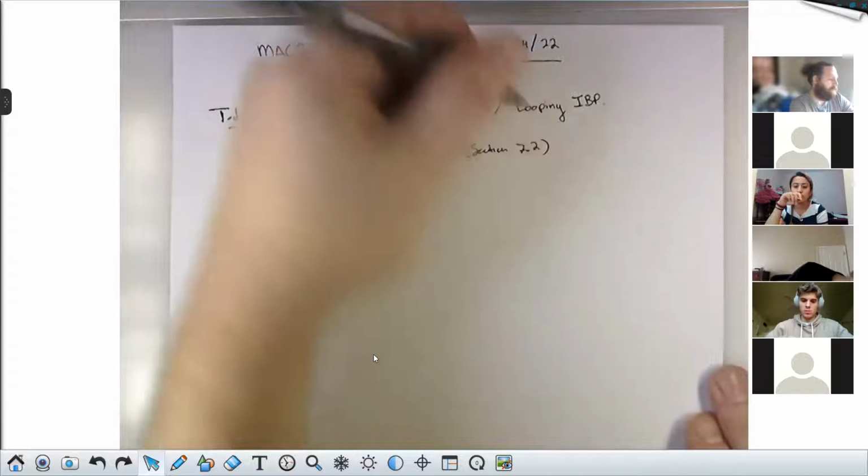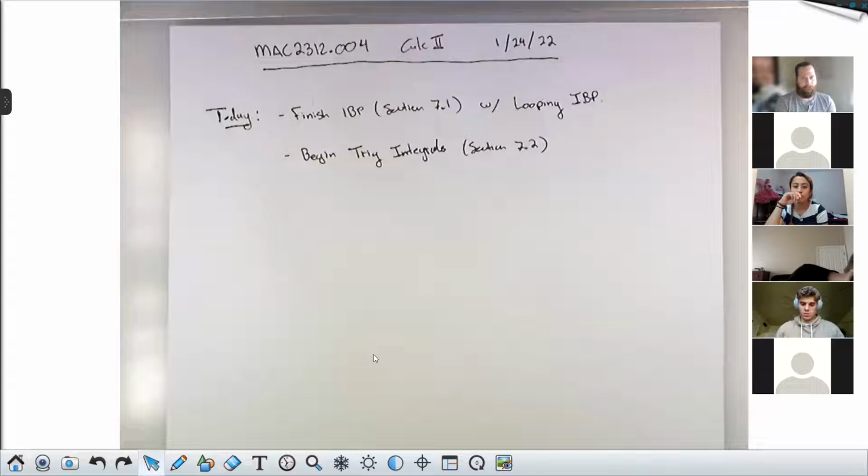I know that among Calc 2 students, there is a certain allergy to trigonometry. It's not unique to Calc 2 students, of course. Calc 1 students are deeply allergic to trigonometry, and pre-calculus and trigonometry students themselves are allergic to trigonometry. But this is the place where it catches up with you. I know that the fraction of especially test problems in Calc 1 that involve trig functions is somewhat small. In this class, we're going to do a ton of trig.